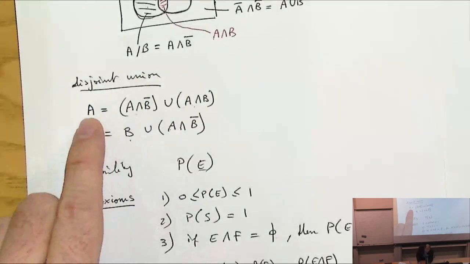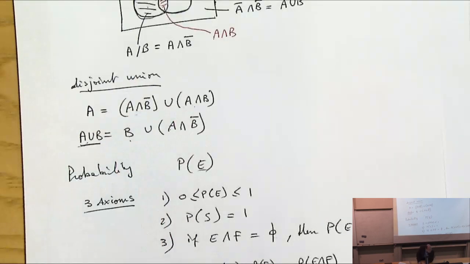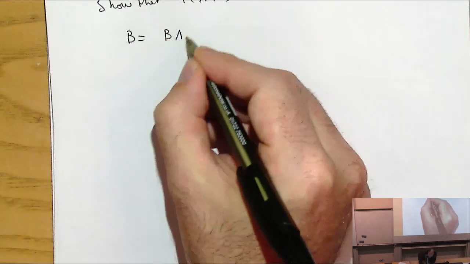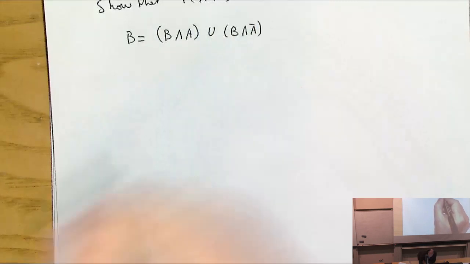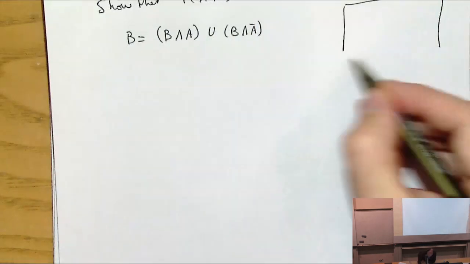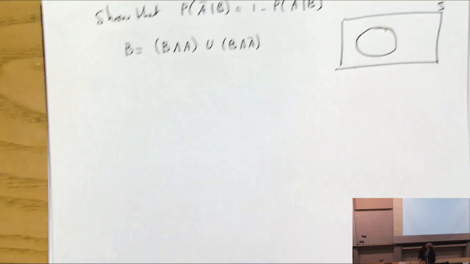I have a certain set, and I break this into a union of two disjoint sets. So I can say B is B intersection A, union B intersection not A. So if I have my sample space again, sorry, can you move it down? Oops, sorry.